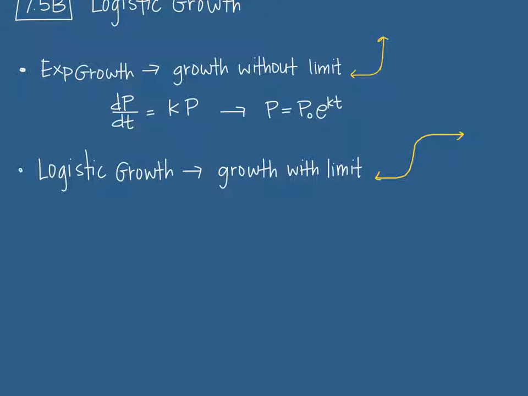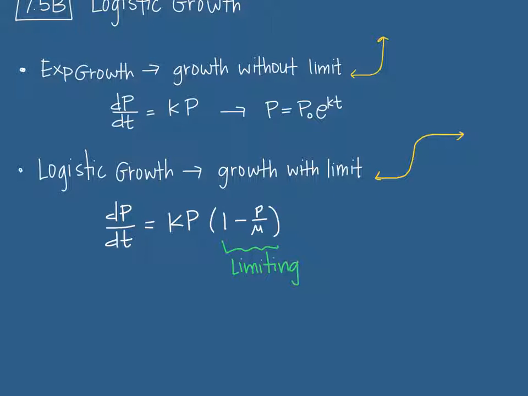So this is what a logistic differential equation looks like. It's dP/dt equals kP. So very similar in start, but it has what's called the limiting factor, and it's 1 minus the value of P divided by a new constant called M. This thing right here is called the limiting factor.